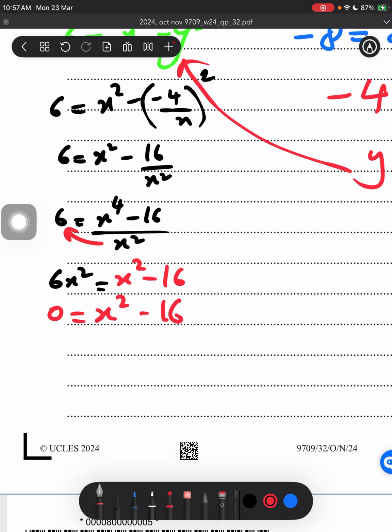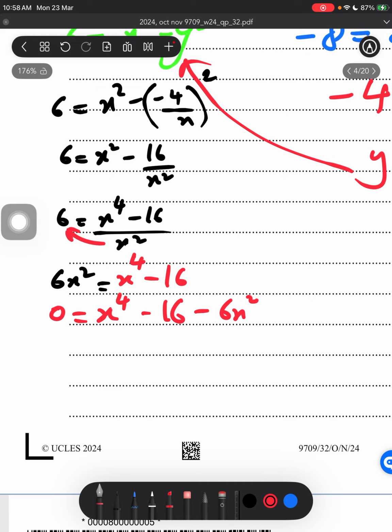Let me just rewrite it in the correct order. So you would have x power 4 minus 6x square minus 16 equals 0.